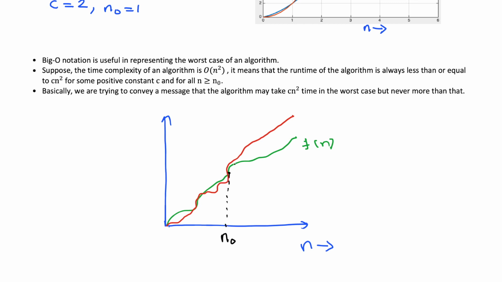After the n0, the value of c into g of n is overtaking the value of f of n. So we are defining this relationship only after a value of n which is bigger than n0. Then if this situation happens, we can write the function f of n as big O of g of n. Okay, so this is all about the big O notation.